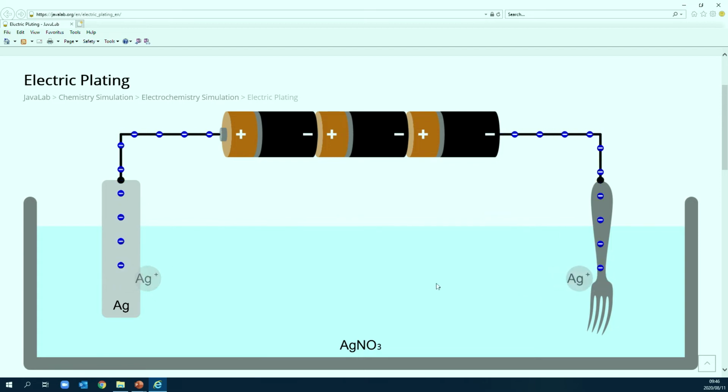This process is an application of electrolysis, and in industry we call this electroplating. So this is just an example of what actually happens in electroplating. In this case, the object is a fork. It could be a pair of earrings, it could be a medal, it could be a trophy, it could be anything that we want to coat with a more expensive metal in industry.